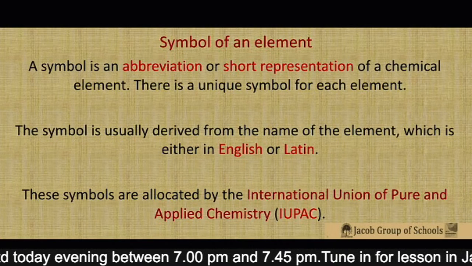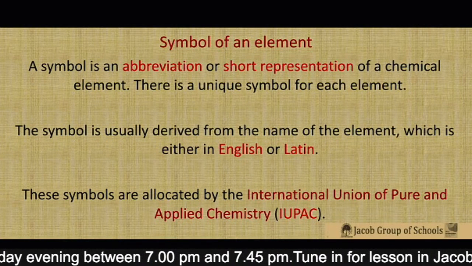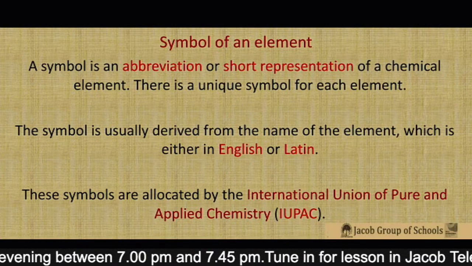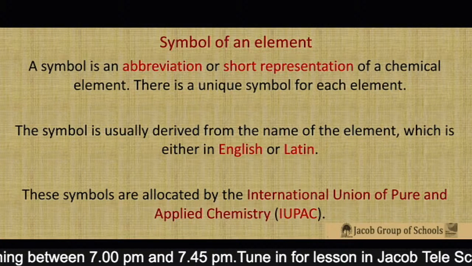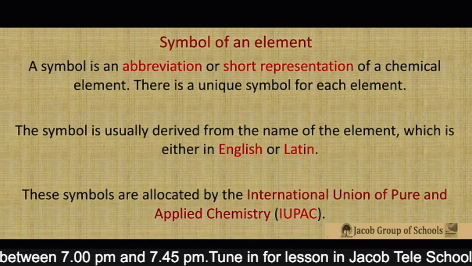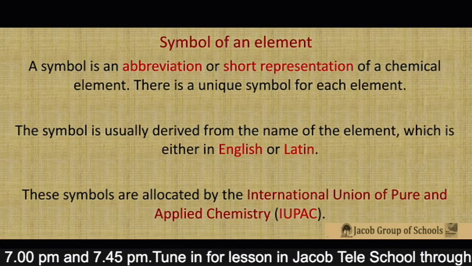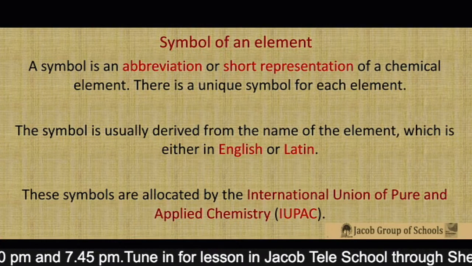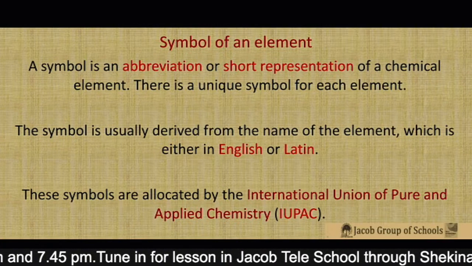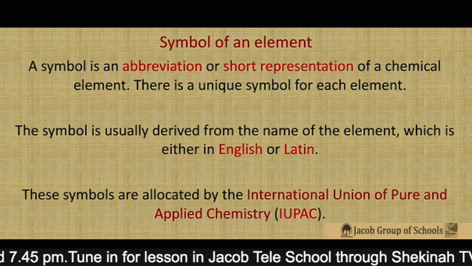What is the International Union of Pure and Applied Chemistry? We also call it IUPAC. Open your mouth and say International Union of Pure and Applied Chemistry. It is also known as IUPAC.